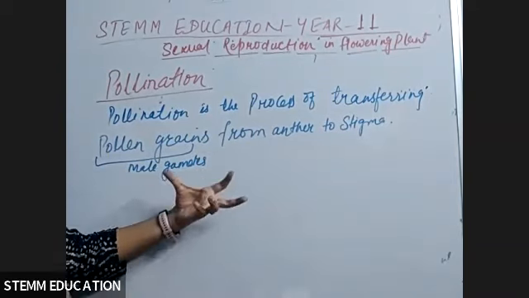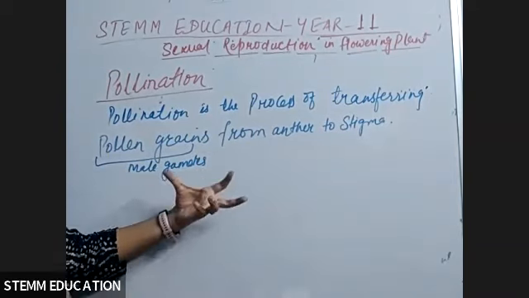Generally, who is the agent of pollination? Who does pollination? Generally, insects are the main source. Insects are the main agent which carry pollen grain from one plant. Yeah, wind, insects, that's right. But insects are known as the main agent.